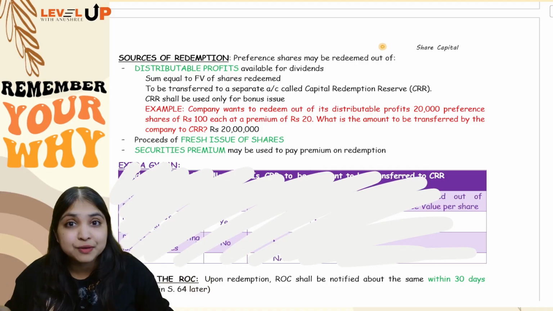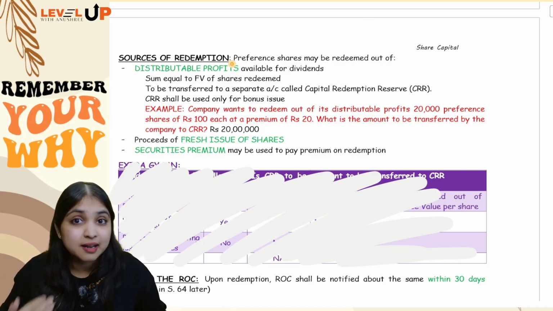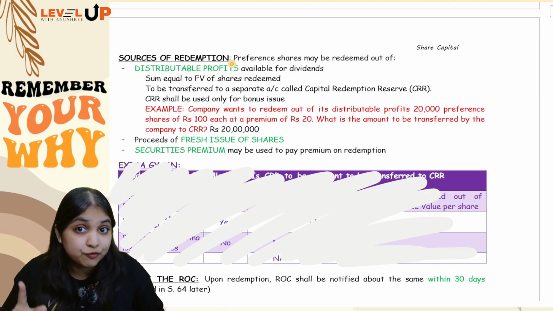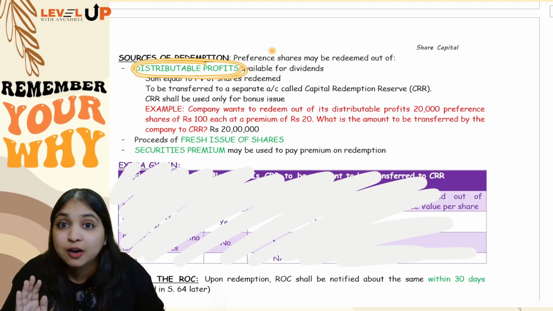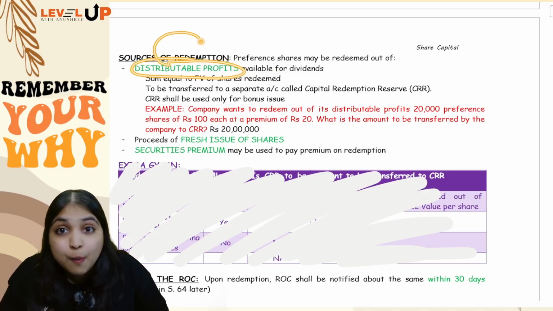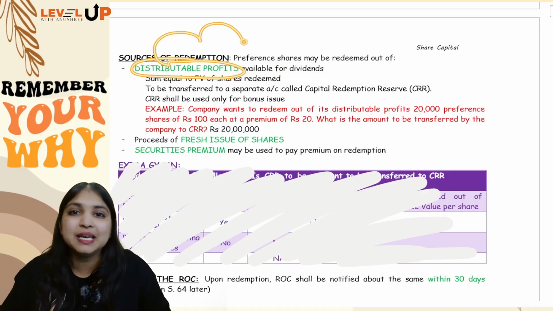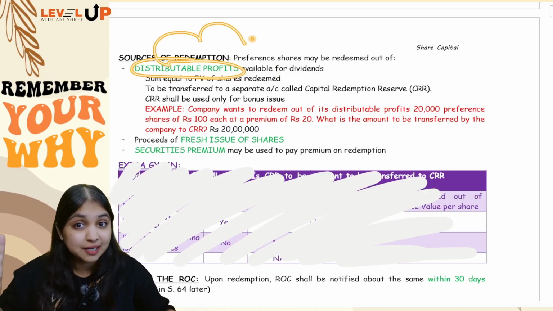So if we redeem preference shares and because of redemption the total capital in the company falls, then to reinstate the capital amount, we transfer money into CRR, right guys? But don't forget, do we transfer the entire amount we take from here into CRR? No. We will see how much money we took from here. Using that much money, how many preference shares we redeemed, that many preference shares' face value, that is what we will transfer into CRR, capital redemption reserve.